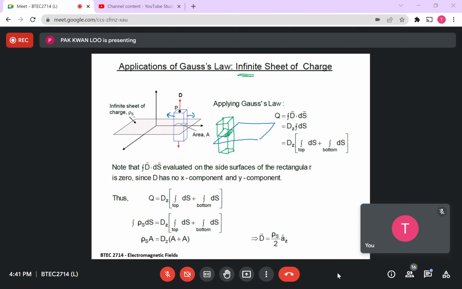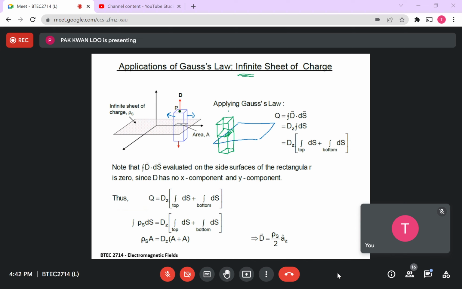As I have emphasized again and again, you have to imagine yourself standing on the surface of this hypothetical Gaussian surface, looking at the charge distribution.